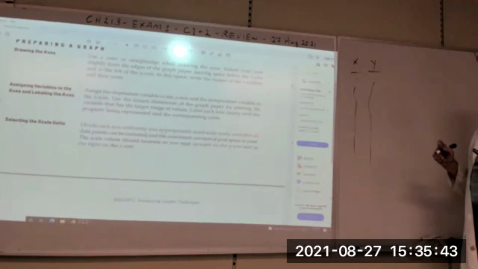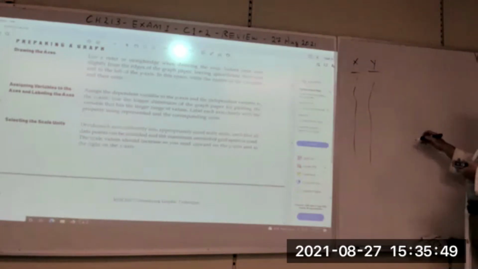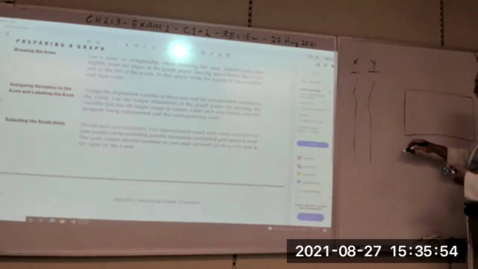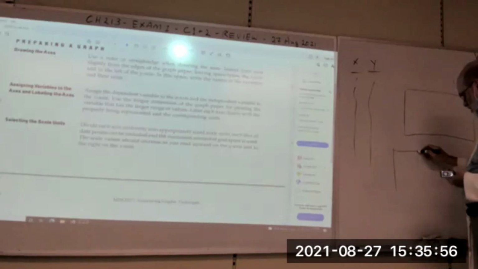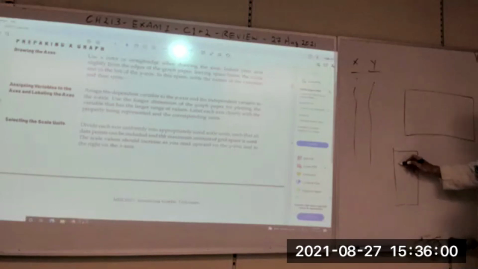Which one needs more space? The one that needs more space should go on an 8.5 by 11 either landscape or portrait. So if the y-axis needs more space, you would do it this way. But if the x-axis needs more space, you would do it this way.